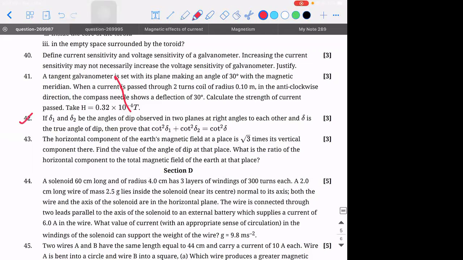Yes, 40-second we can try. If delta 1 and delta 2 be the angle of dips observed in two planes at right angles to each other, and delta is the true angle of dip, prove that cot square delta 1 plus cot square delta 2 is cot square delta. How to do this? So there are two planes which are at right angles to each other, and delta is the true angle of dip.